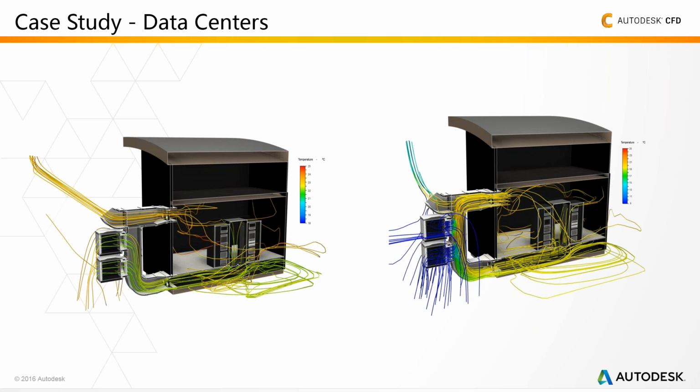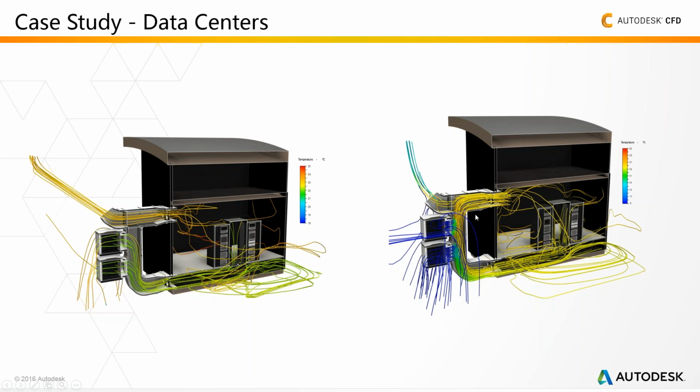On the data center side, this is an example from a data center operator in the United Kingdom. They looked at two different ventilation strategies based on seasonal weather conditions. The first image shows cool air being drawn from the outside to maintain a constant internal temperature.